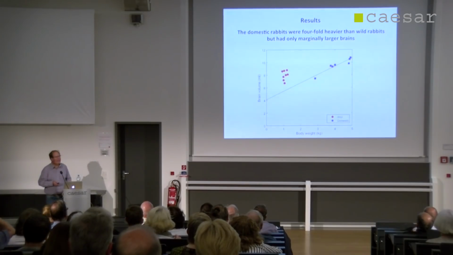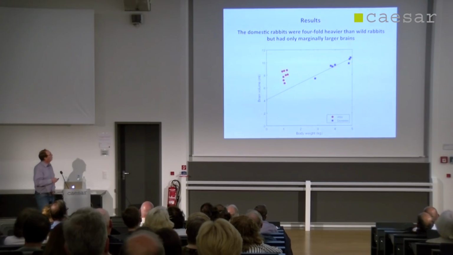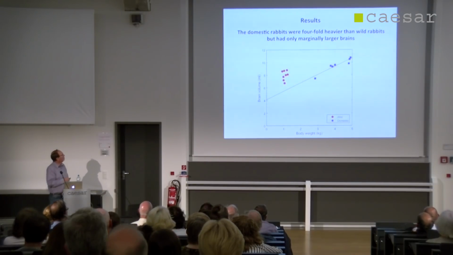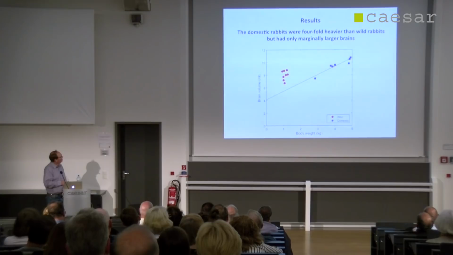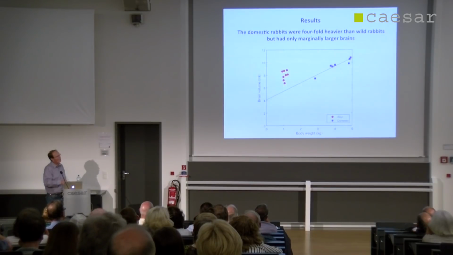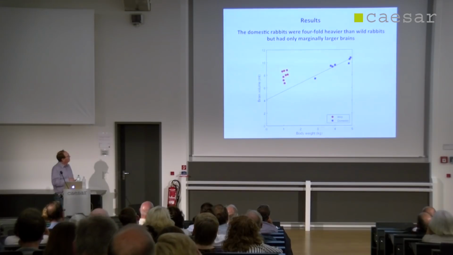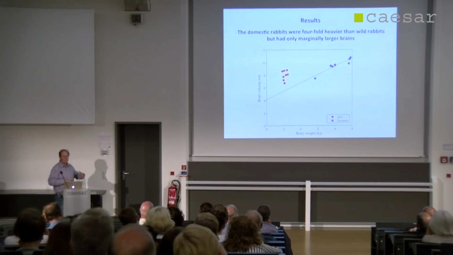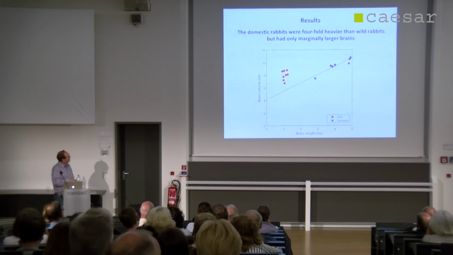The first finding we have is that the domestic rabbits were on average 4-fold heavier than wild rabbits, but had only marginally larger brains. The blue is the domestic rabbits, these are the wild rabbits. This is body weight and this is brain volume. In all mammals there's a linear regression between body weight and brain volume, so the larger you are, the larger the brain becomes.